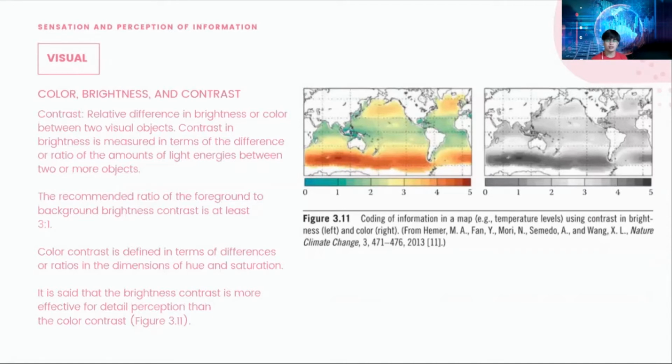It is said that brightness contrast is more effective for detailed perception than color contrast. As you may observe, the coding of information in the map uses contrast and brightness on the left, and color on the right. I hope you now have an idea how contrast works.